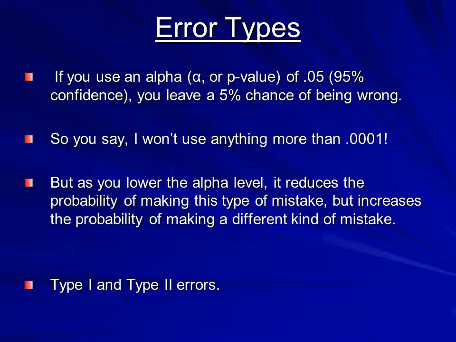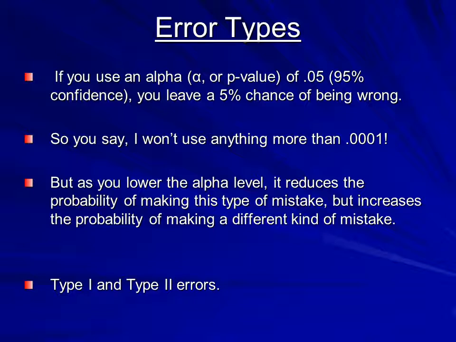That's all well and good, but there's the probability of creating this type of error, which we're going to talk about at the very bottom, in this bullet point: a type 1 and a type 2 error. There are 2 different types of errors associated with setting your alpha level at 0.05, 0.1, or 0.01.